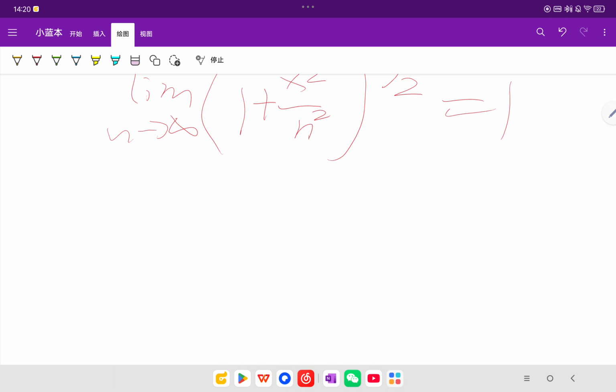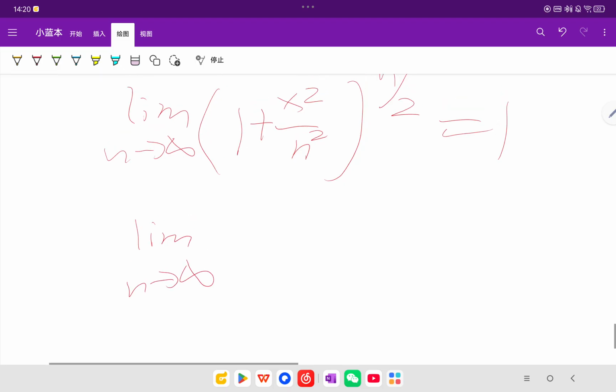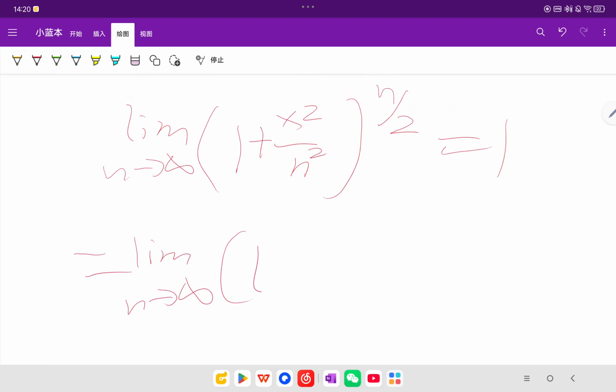And how to prove that? So this thing equals (1 plus x squared over n squared) to the n squared power, and then to the 2 over n power.